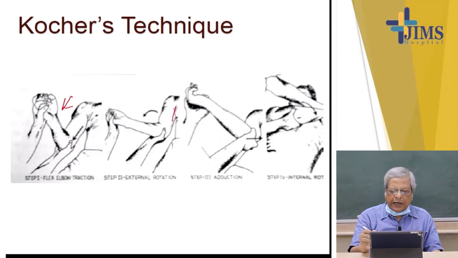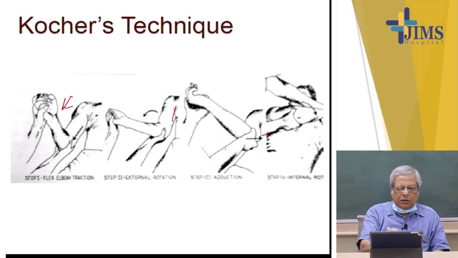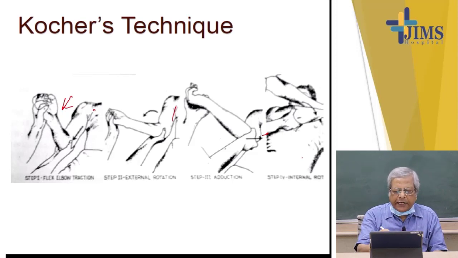Then it is adducted and internally rotated. The most important part is this traction. When it gets dislodged from this dislocated position, it has only one place to go, that is its original home, the glenoid. These steps occur automatically.